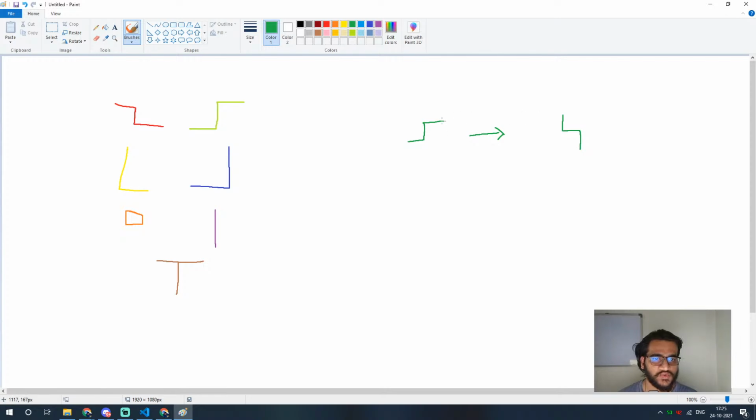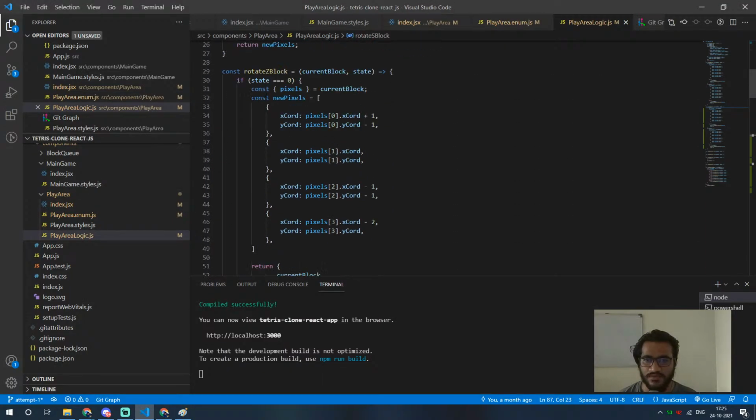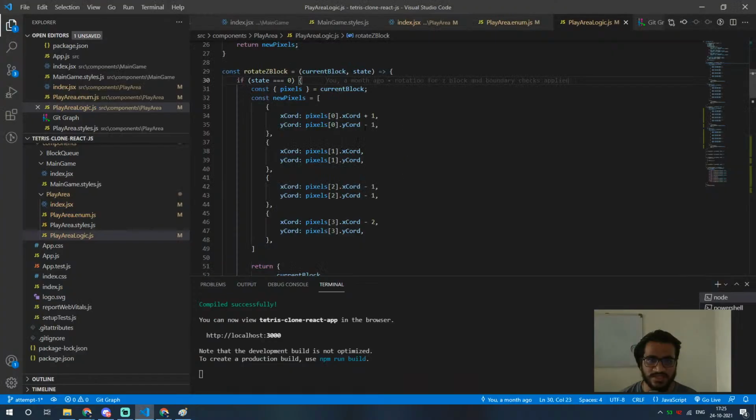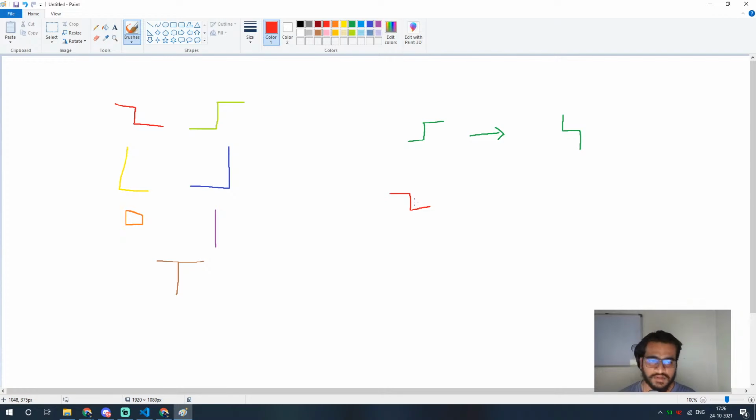So what we are going to do is like last time in state 0 for Z block, what we did for Z block is we minus the pixel values, minus and plus, such that these pixel values will look rotated, right? So for this also we have to do the same.